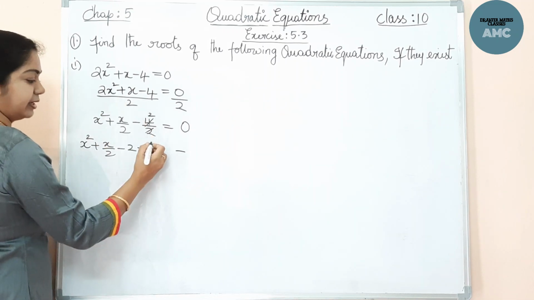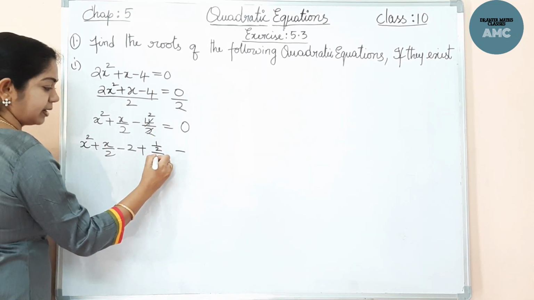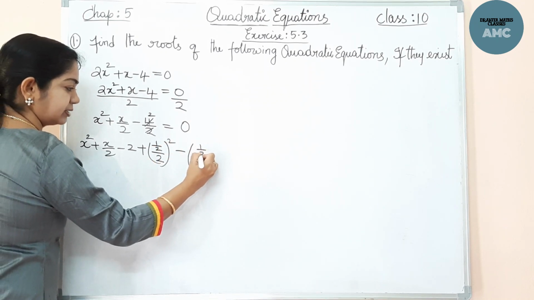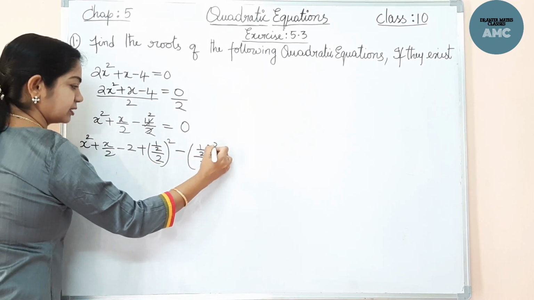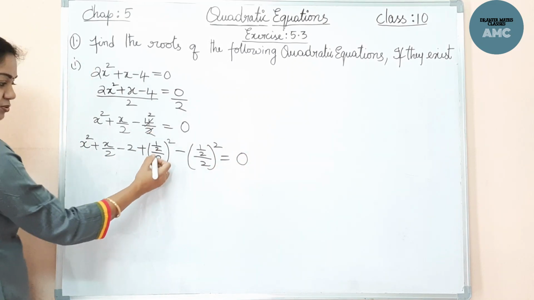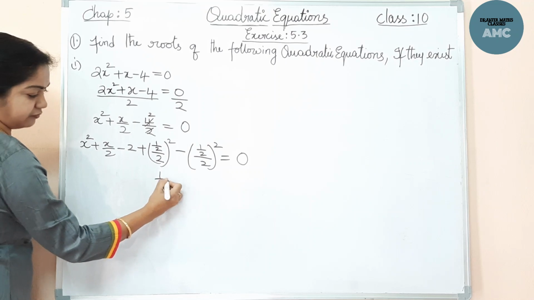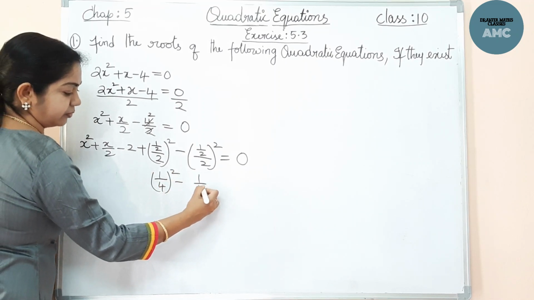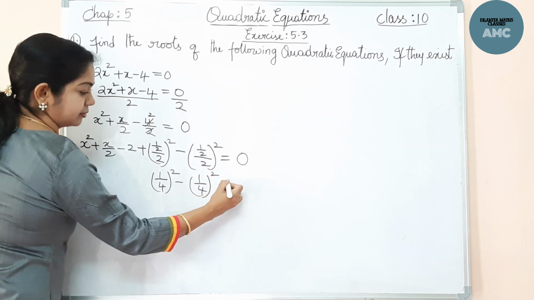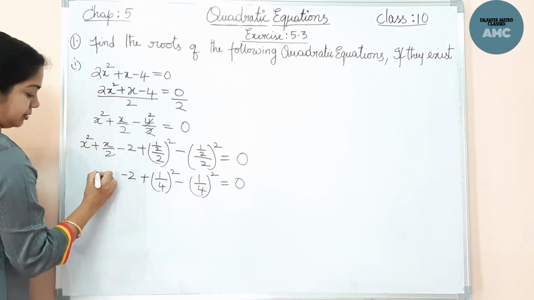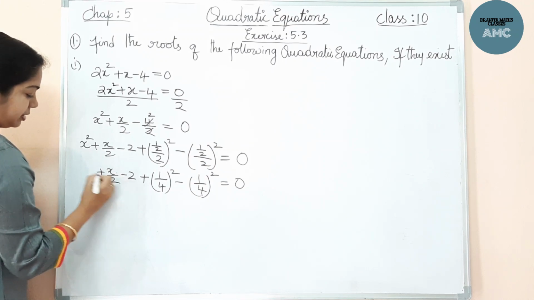Coefficient of x is 1 by 2, by 2 whole square. Right. So, this comes to 1 by 4 whole square minus 1 by 4 whole square equal to 0.